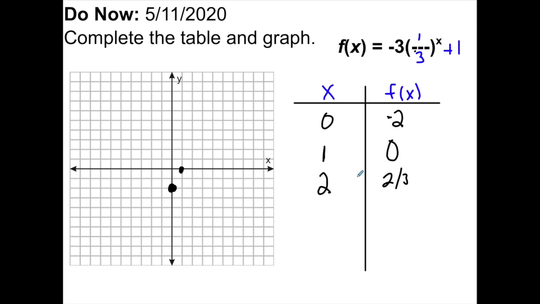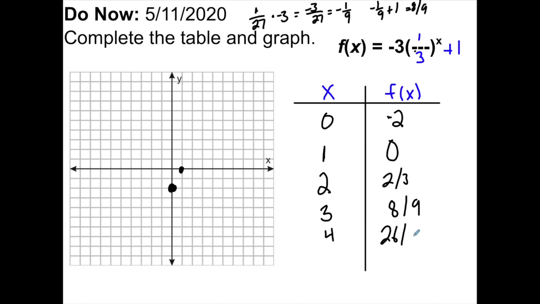Now when you do the power of 3, you're going to get 1/3 cubed. So you're going to get 1/27 times -3, which is equal to -3 over 27, which is equal to -1/9. And -1/9 plus 1 equals positive 8/9. If you do 4, maybe you see the pattern, you're going to get 26/27.